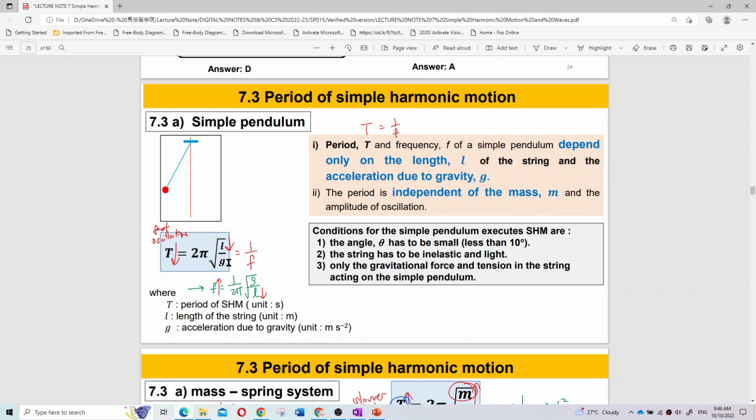Ya. Okay, so gravity juga bergantung, ya. Kalau gravity, kita boleh bayang. Kita boleh buat assumption, let's say di bulan, kita nak tahu apa berlaku di bulan. Kalau gravity rendah di bulan, so frekuensi pun rendah. So oscillate slow.